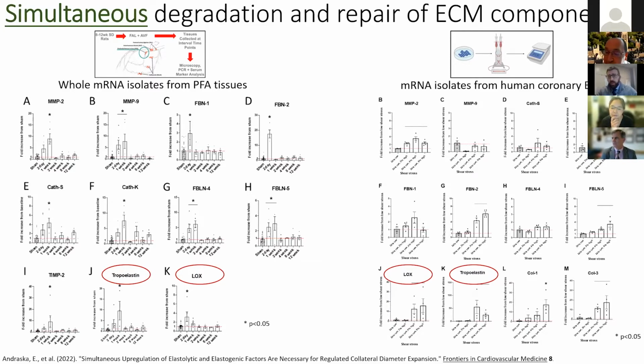And a couple of the things that I just briefly want to highlight are the increases in tropoelastin and lysyl oxidase. We subsequently mirrored these findings in human coronary arterial endothelial cells undergoing increased shear stress in a flow chamber, and found that in that situation, the endothelium is also responsible for producing this increased lysyl oxidase and tropoelastin expression in response to increased fluid shear stress.